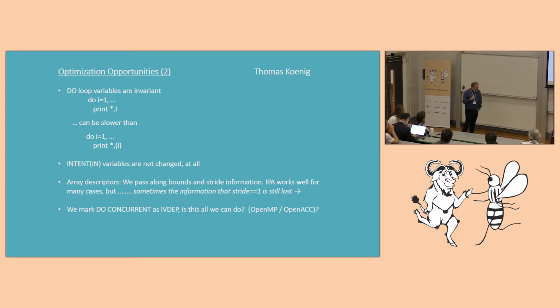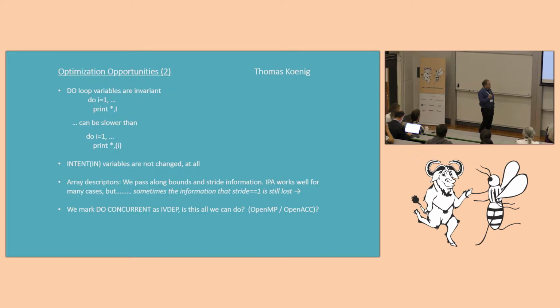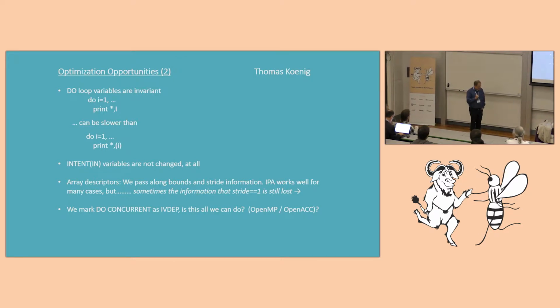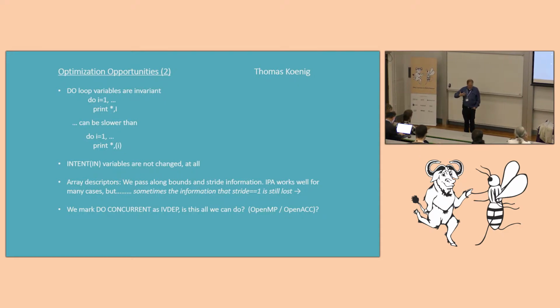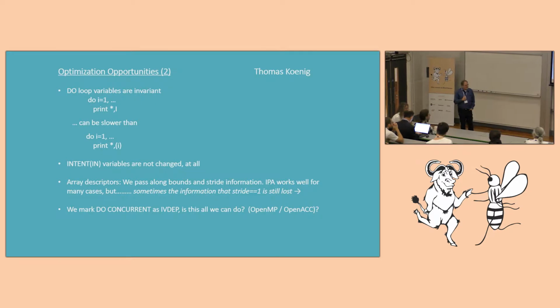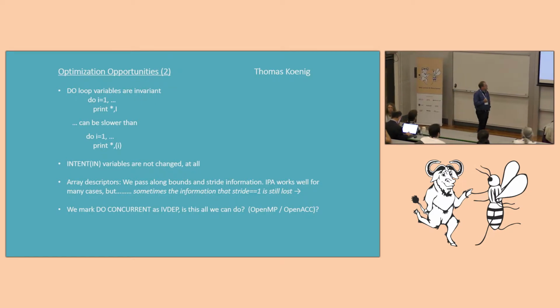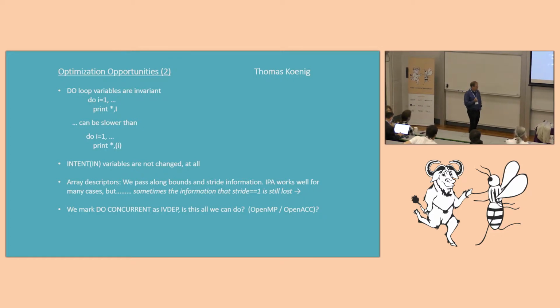And the bad thing is, of course, the compiler always has to be correct. So we have to read the stride out of that descriptor and pretend that it's not going to be 1 in 99.9% of the cases. And I think there's still an optimization opportunity for IPA there.